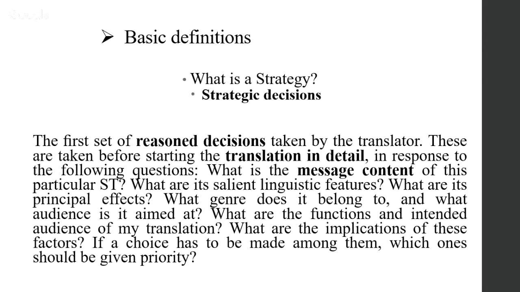And what genre does it belong to? And what audience? Here, English audience, Arabic audience, German, French, and so on. What audience is it aimed at? What are the functions and intended audience of my translation? So, what are the implications of these factors? If a choice has to be made among them, which ones should be given priority, and so on.